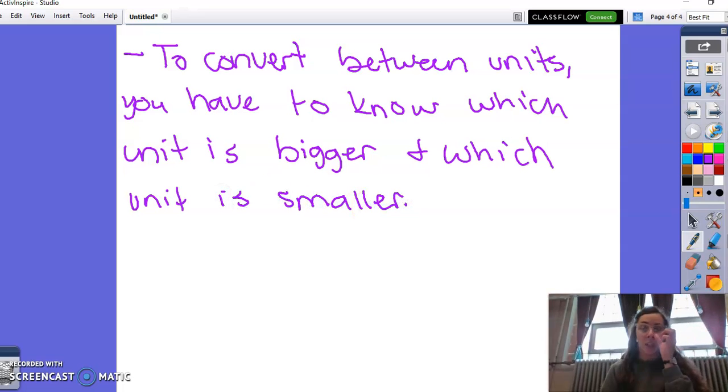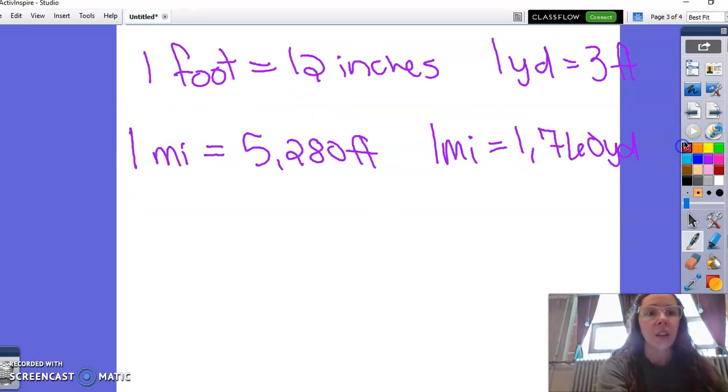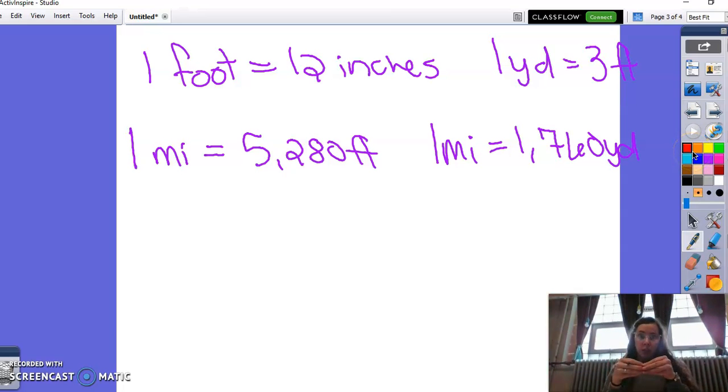Now the reason we need to know that is because in order to convert, we're going to either be multiplying or dividing by the base number of the smaller unit. And what I mean by that is, the base number would be how many of the small unit fit into one of the big unit.